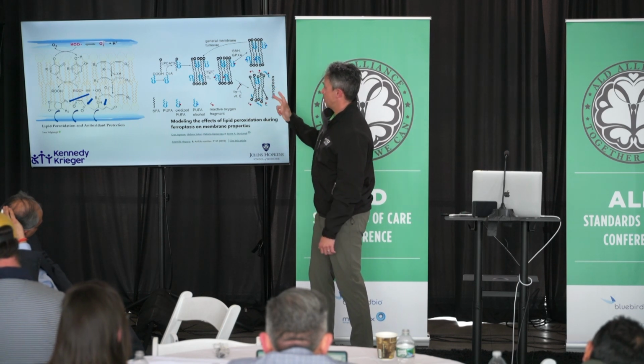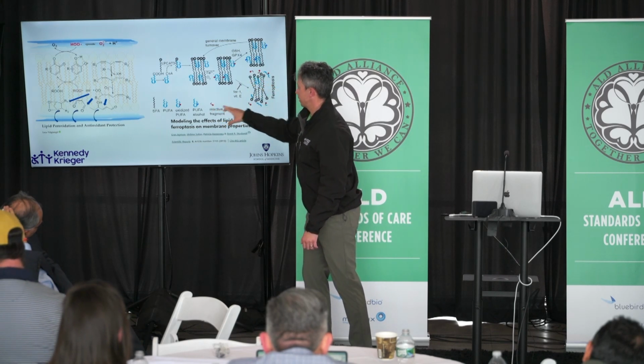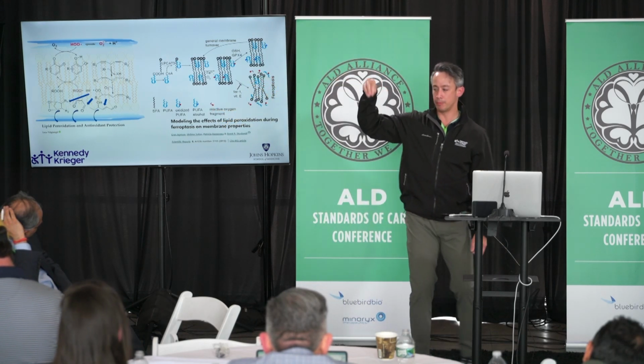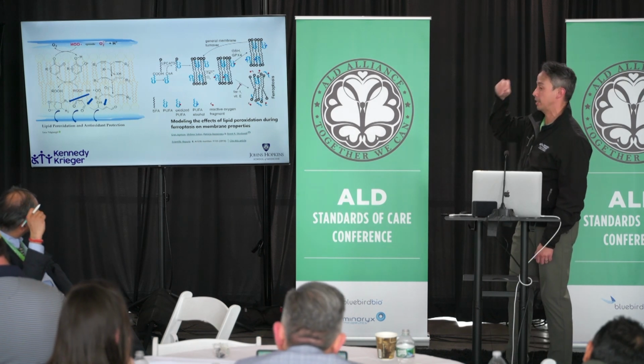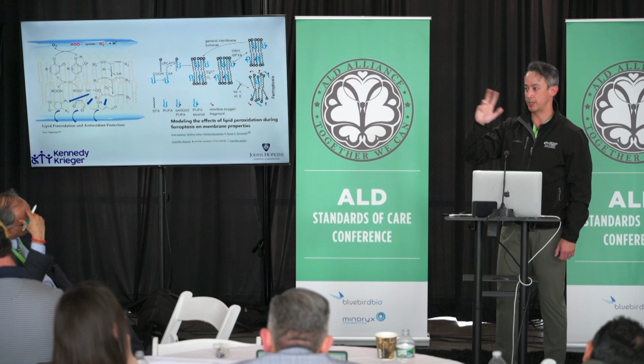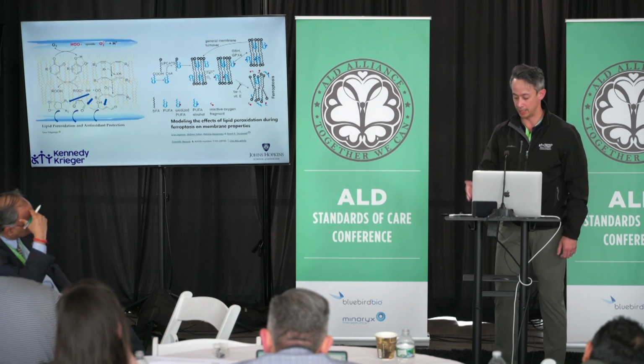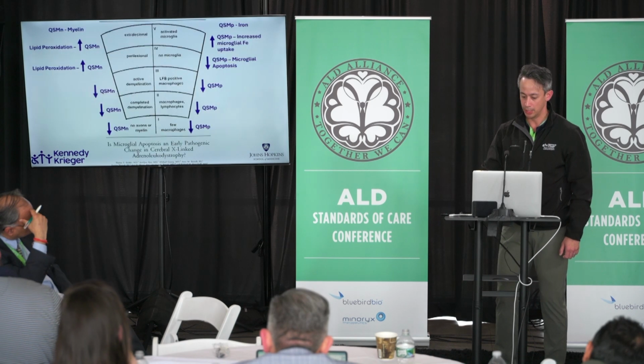And I think in ALD there may be a role for this. These reactive oxidation fragments, when they sit on the membrane of myelin, increase the myelin susceptibility because they have unpaired electrons, and unpaired electrons really like being moved around by a magnet.